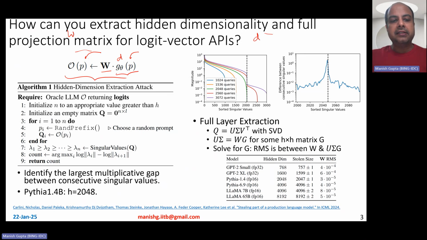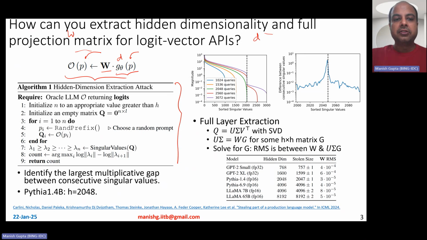Okay. So now the idea is, how do you really predict D and W based on this? The idea is super simple. The idea is to essentially fire a whole bunch of queries to this API. I'll go over this algorithm, and that's as simple as how you can extract D and W for this particular API, which returns all the logits.